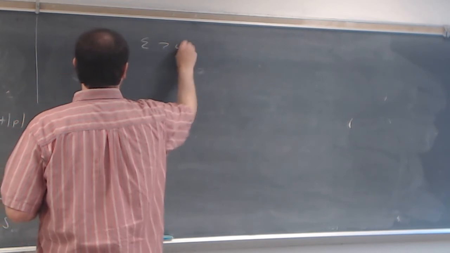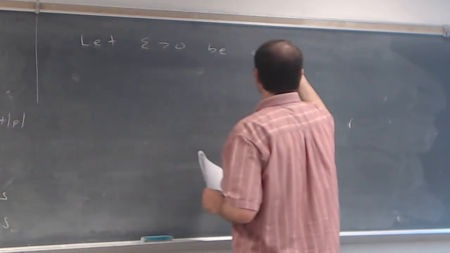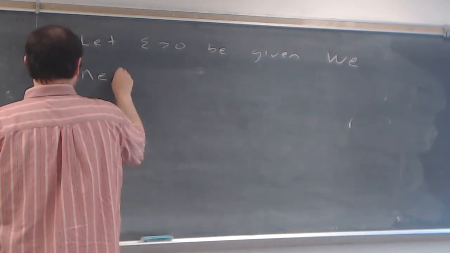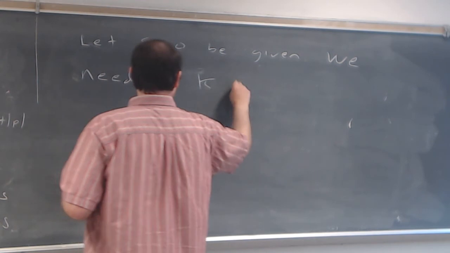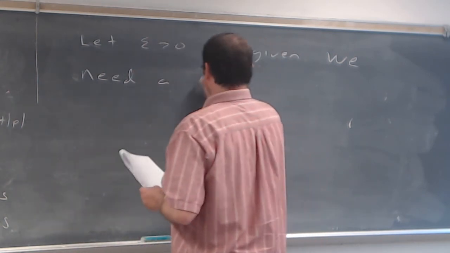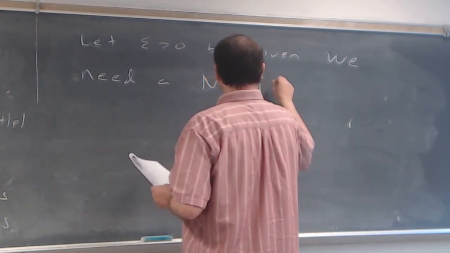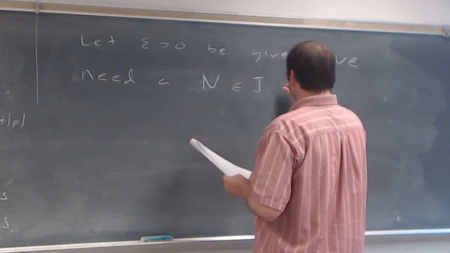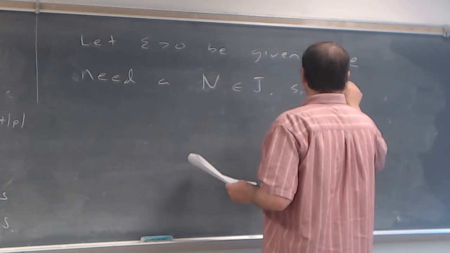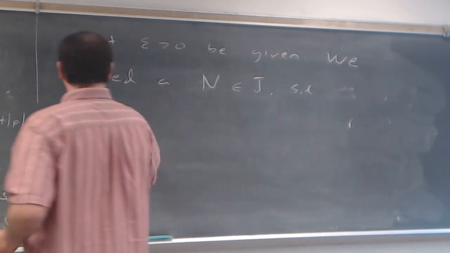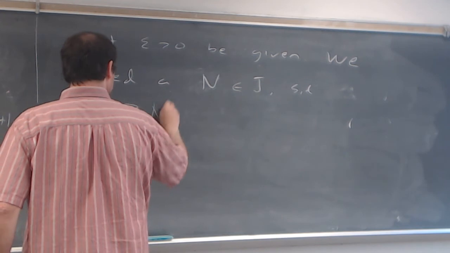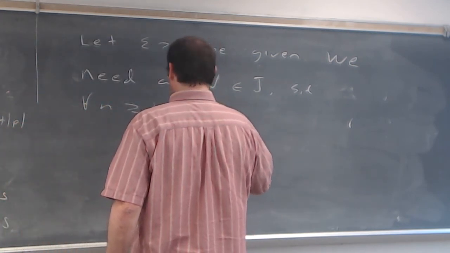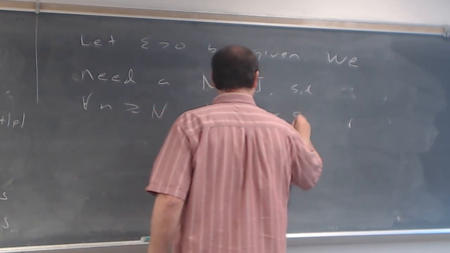We let epsilon be greater than 0 be given. We need a big N element of the natural numbers J such that for all n bigger than or equal to this big N, the absolute value of S of n minus S will be less than epsilon.